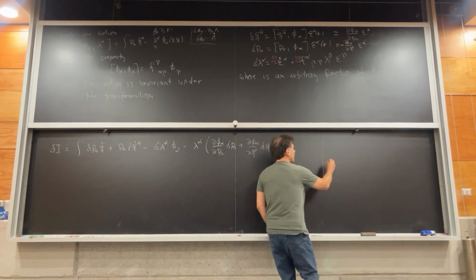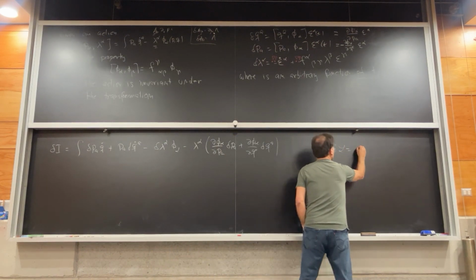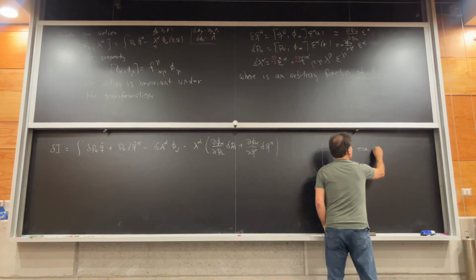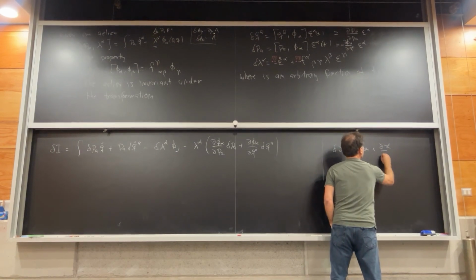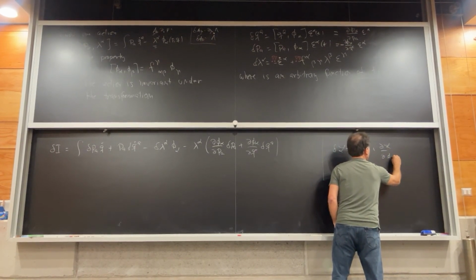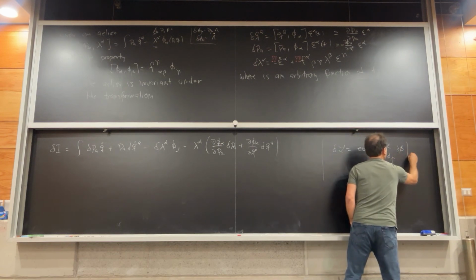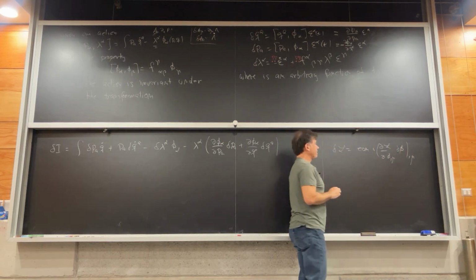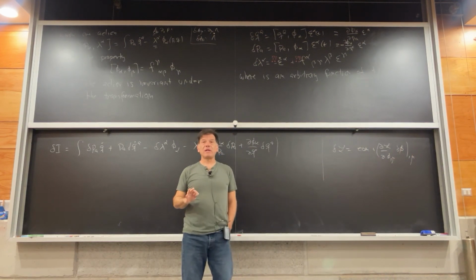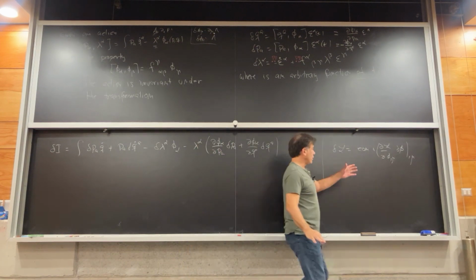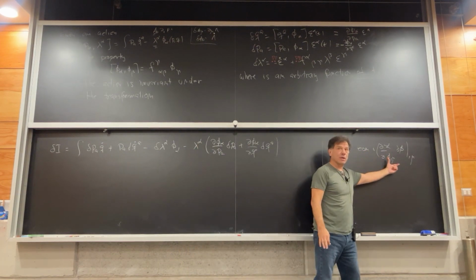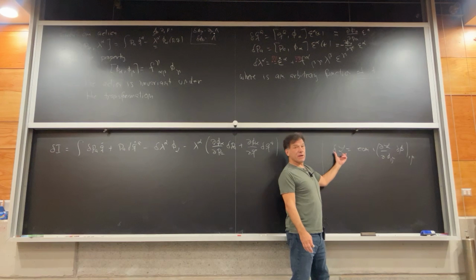By definition, because the variation of the Lagrangian is always the equation of motion plus the variation with respect to something like this. This is by definition of the Lagrange equations. You pick up the equation of motion plus a boundary term, and this is the variation of the Lagrangian.